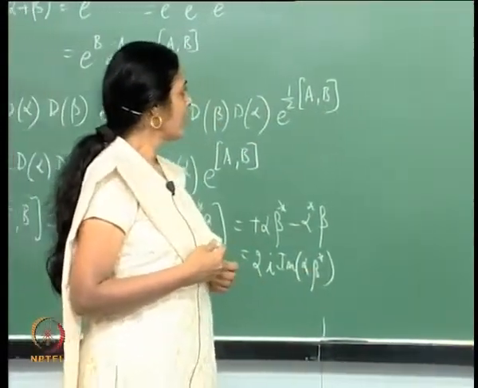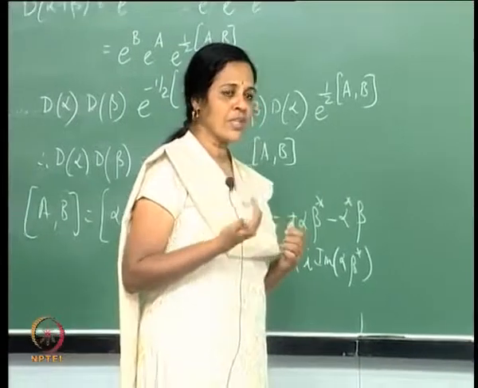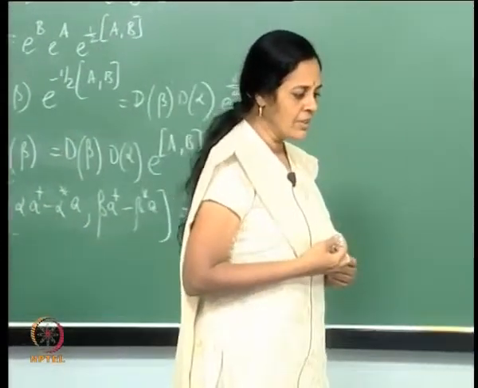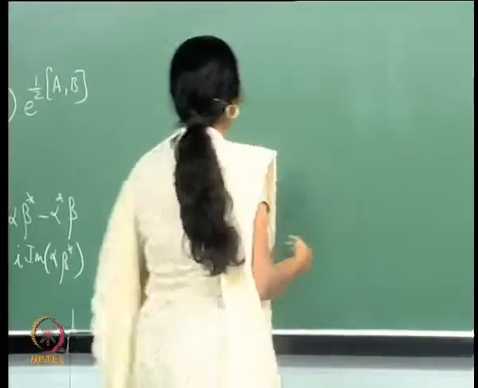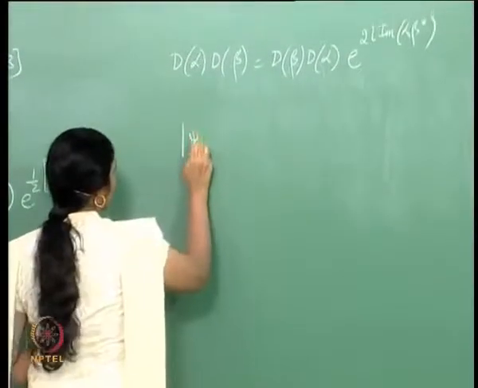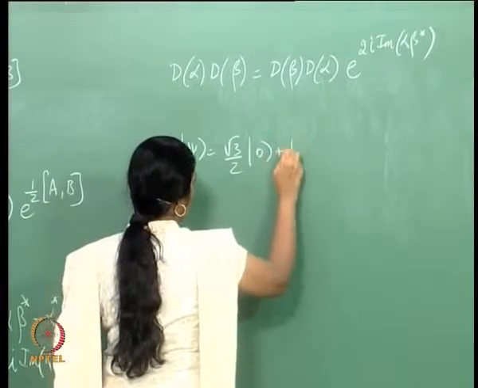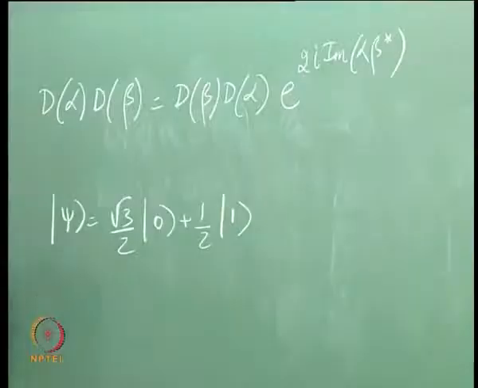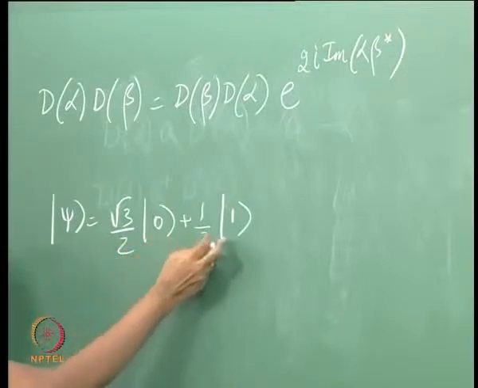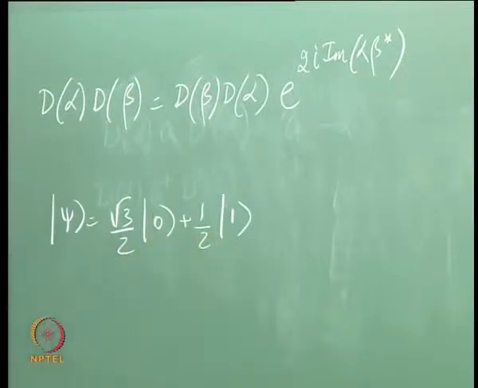An example of squeezed light has already been given earlier. We had the state psi, which is root 3 by 2 ket 0 plus half ket 1. So, this was a specific squeezed state, which was a superposition of the 0 photon state with the 1 photon state.